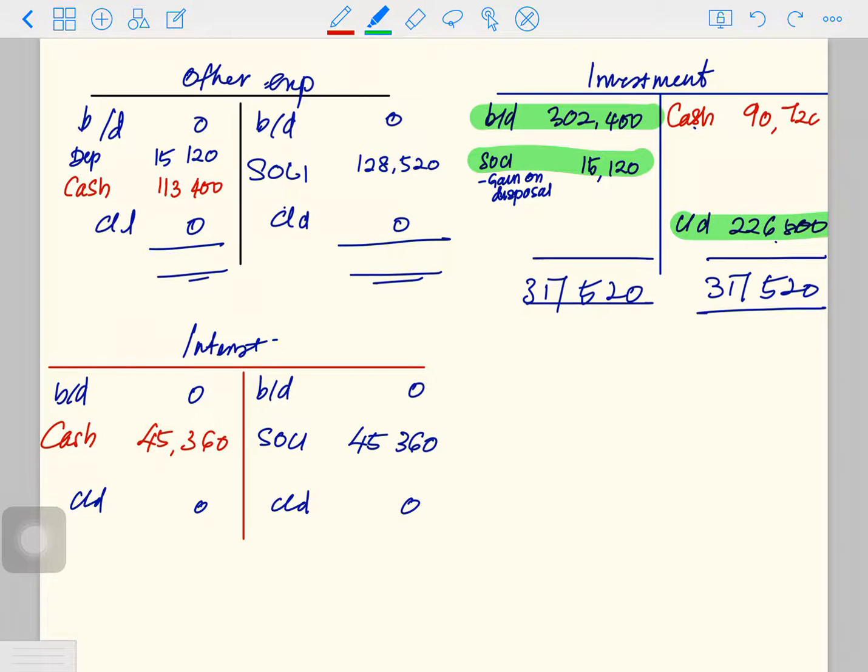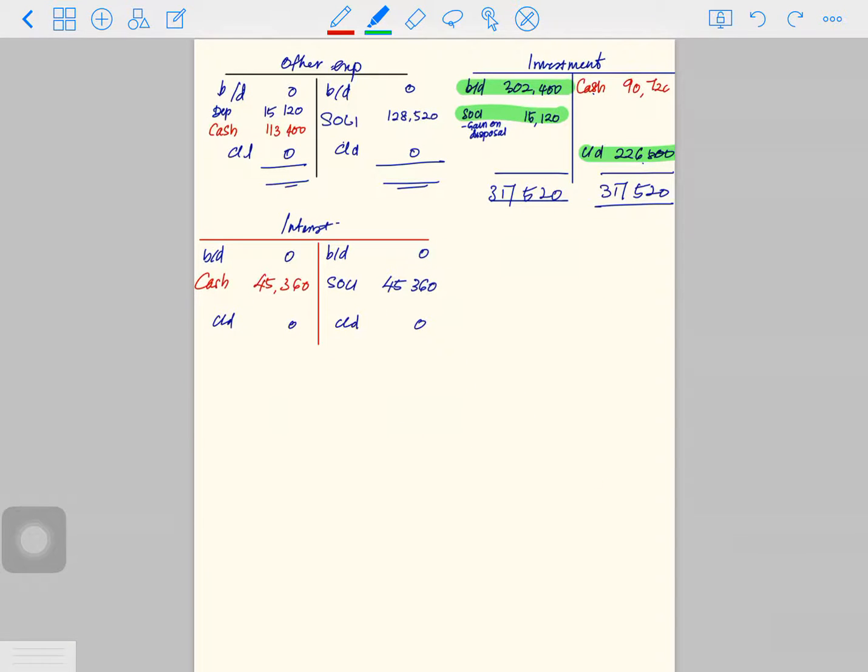So 9720 ni kalau you nak letak dalam cash flow would be under cash flow from investing activities. 9720. Okay.